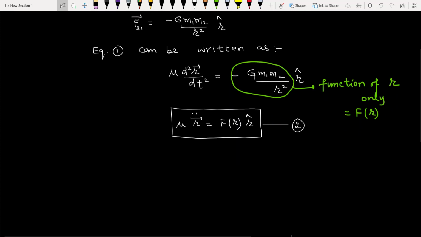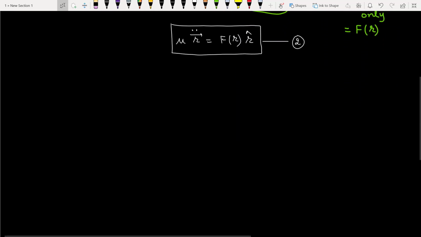Now, as we have studied in lower classes as well as in one of the previous lectures, whenever a body is moving under the effect of central forces, the motion of the body is in a plane. You can take the example of Earth moving around the Sun, an example of gravitational force of attraction, which is a central force, and the motion of Earth around the Sun is in an elliptical orbit, and an ellipse is a planar shape.